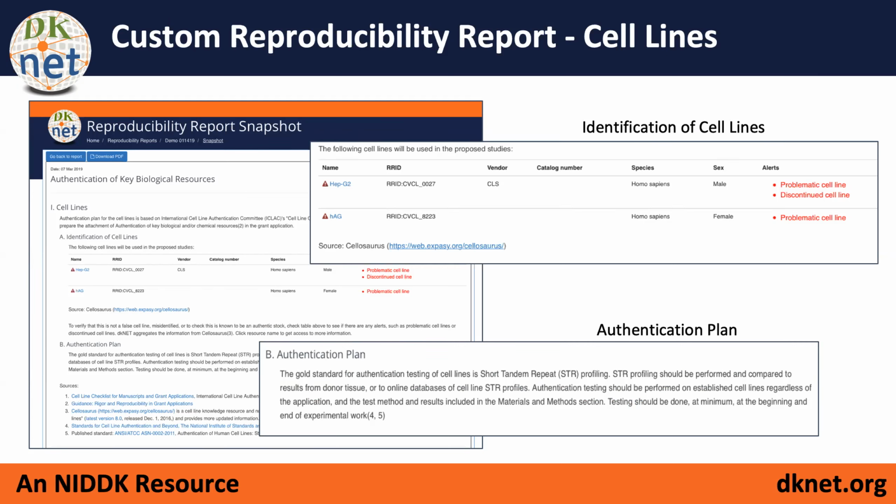In this case, it first goes through the cell lines, so we'll provide information on cell lines, where we're getting the information about these cell lines, provides a table of the cell lines that you've actually included within your report, and then gives you information on authentication plans for cell lines. So in case of cell lines, basically the short tandem repeat process is what is used.